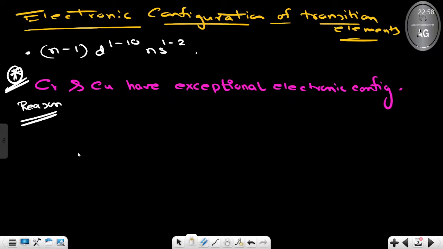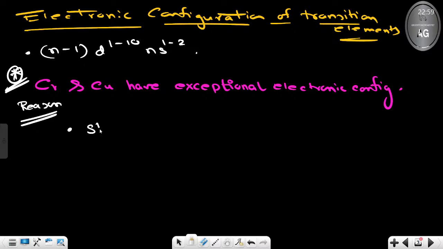This question was already discussed almost 5 to 6 times in chemical bonding of class 11. Again here we are coming back to that question, which you all know the answer to. Chromium and copper have exceptional electronic configuration due to symmetry, due to higher exchange energy, due to stability. So what is the actual reason?